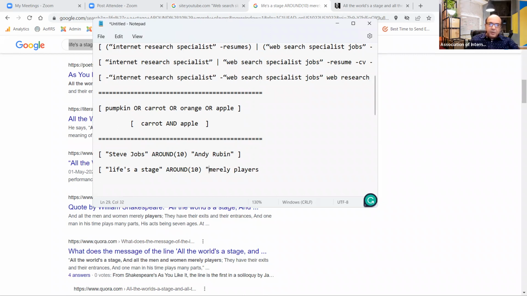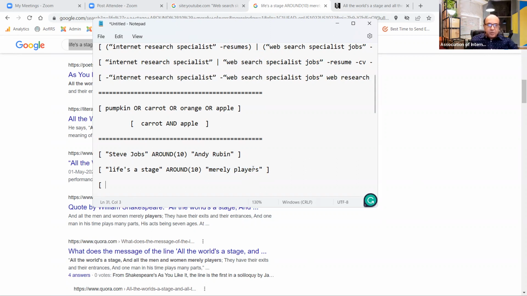This would make it even better. But the only problem is that if you make an error even with an S here, or if you don't put the correct word, and it is all in quotation marks, AROUND is going to fail. It will not work. So when you're writing something inside of the quotations, you always have to make sure that it is accurate, with the singular, plural, spelling, whatever you want to put it.